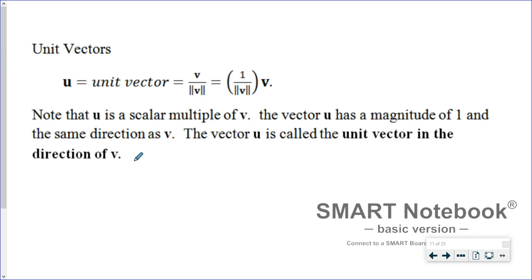It says here, note that u is a scalar multiple of v. The vector u has a magnitude of 1 and is in the same direction as v. The vector u is called the unit vector in the direction of v.